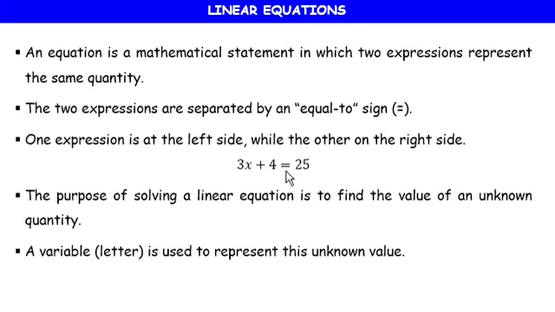The equal to sign just tells us that the expression on the left is the same as the expression on the right. So here we have 3x + 4 = 25. What this means is that the value of 3x + 4 must be the same as 25.